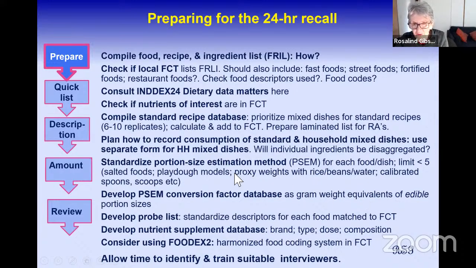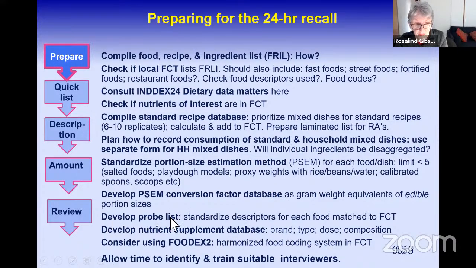So for instance, if you use rice as a proxy for mung beans, so you want to find out the weight of mung beans, you actually ask your respondent to take out the amount of rice that represents the amount of mung beans that they consumed onto the plate on which they consumed the mung beans, and then you would weigh that amount of rice. But then you have to convert the weight of rice to what it would be if it was mung beans. So this is what I mean by your portion size estimation conversion factor database. And this has to all be prepared before you start your national survey.